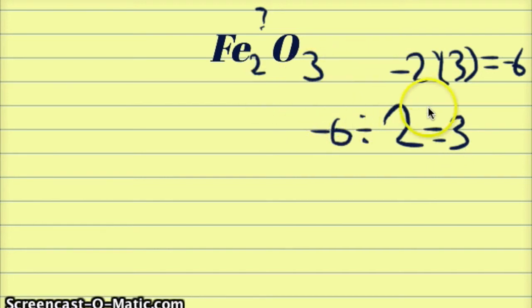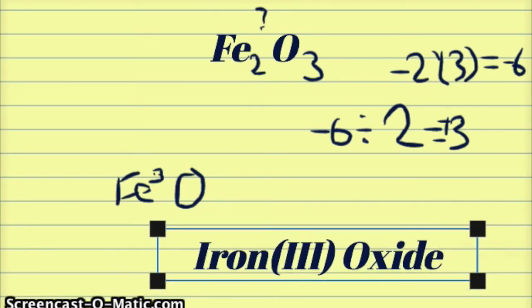Because we have to balance out the charges, this will be a positive. So now we know that Fe, iron, equals 3. That is a 3. Sorry for that. And so we will write it out as iron(III) oxide.